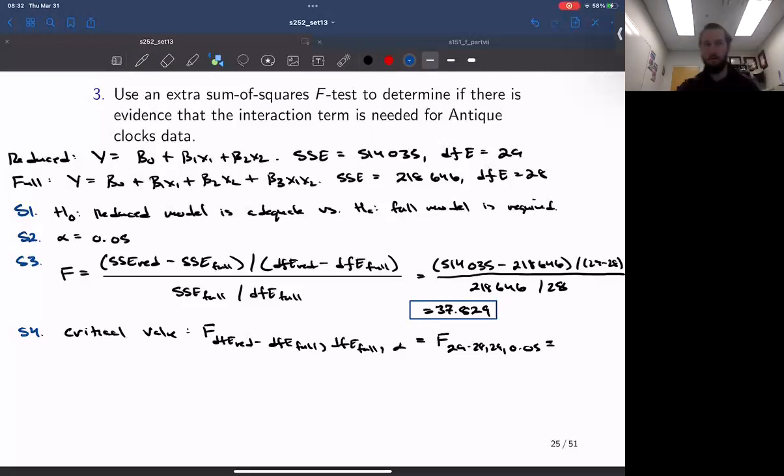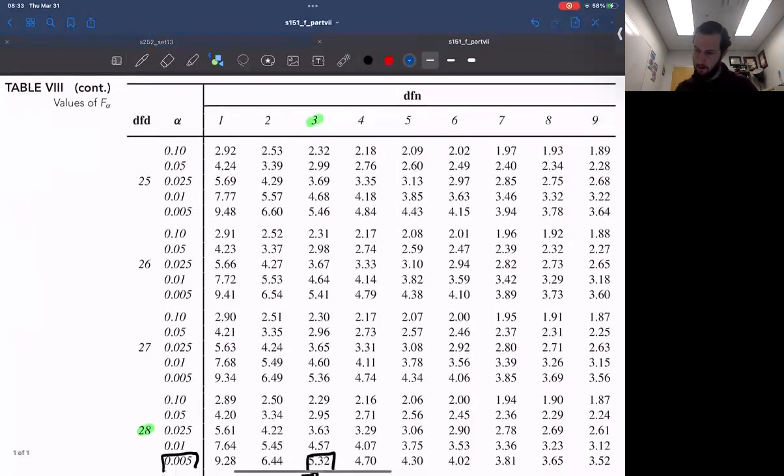Okay, yeah, there we go. Good. Okay, and then that doesn't change the critical value.